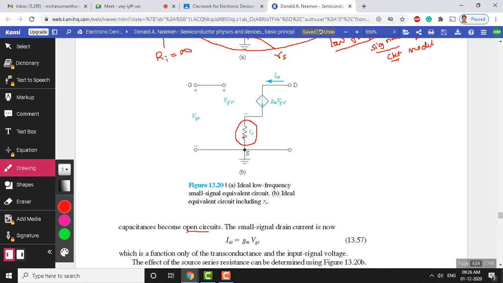Everything else remains the same, but we have RS. Now you see there is a VG'S', which we saw in the actual model, and there is an external gate to source voltage VGS. Let us find an expression relating these two, VG'S' and VGS.